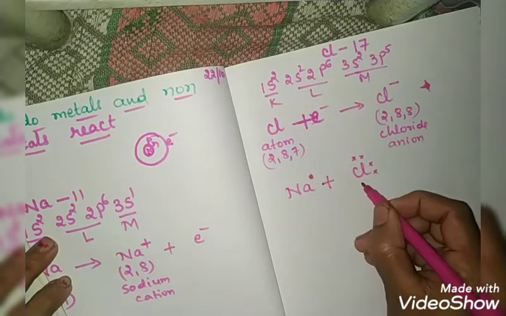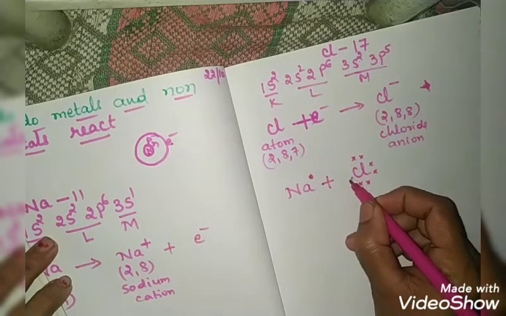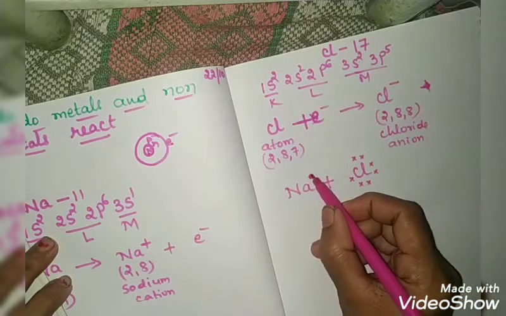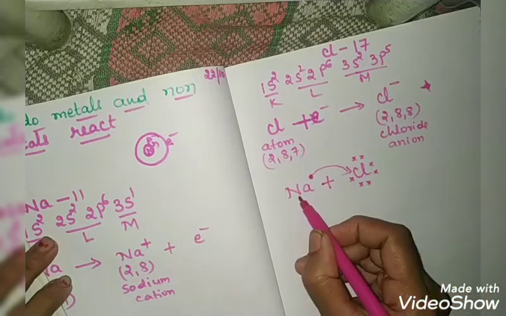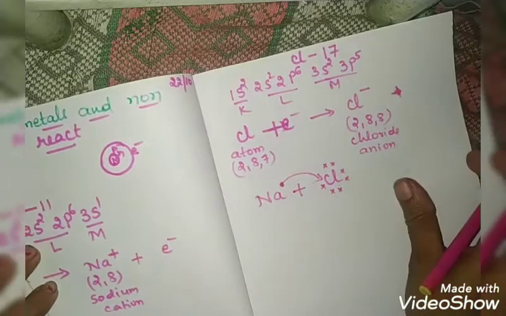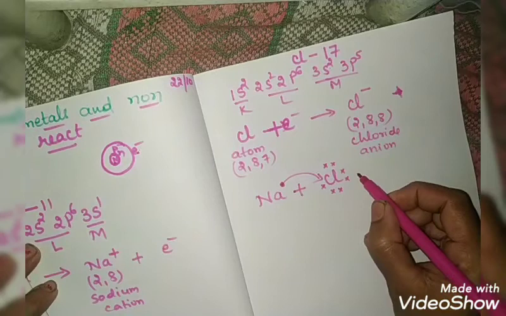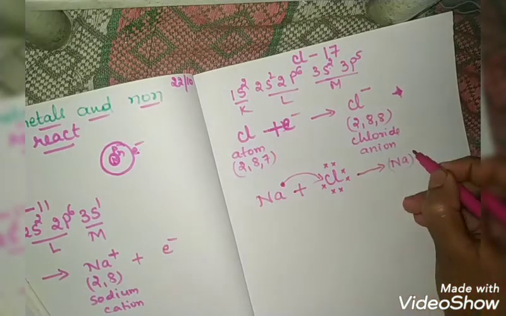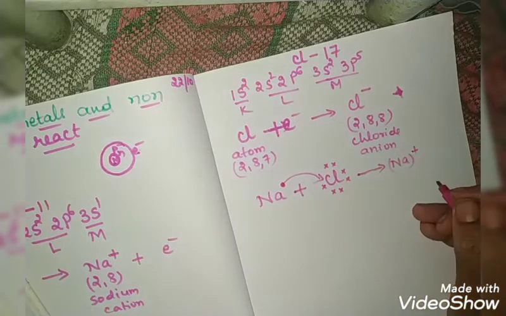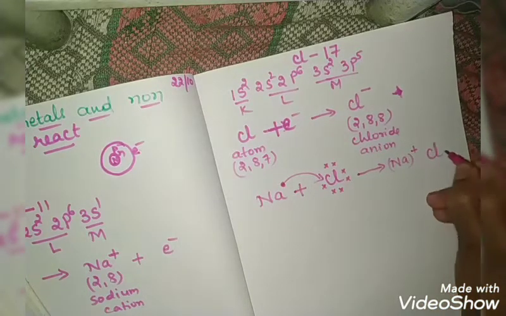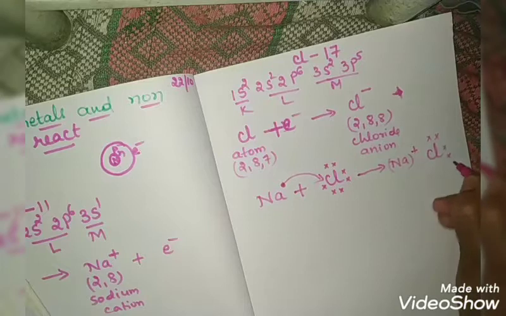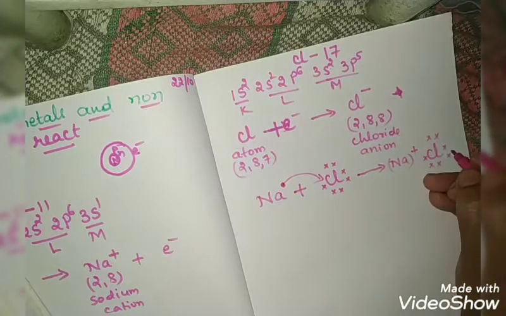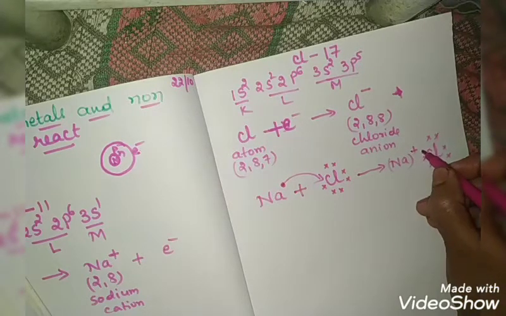1, 2, 3, 4, 5, 6. Here 7 was there, and it receives 1 electron from sodium. Correct? It receives 1 electron from sodium and it becomes sodium plus, children. And here chlorine will be 8 and it receives 1 electron.